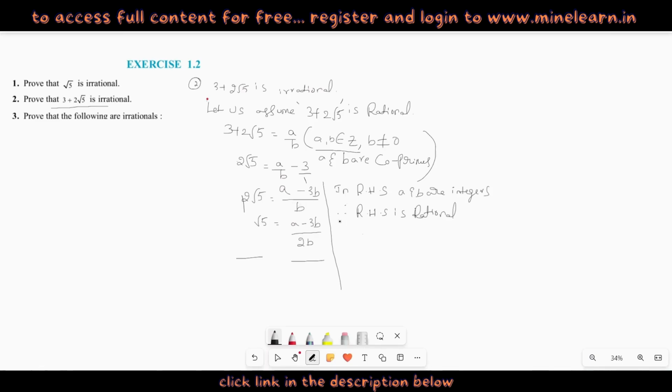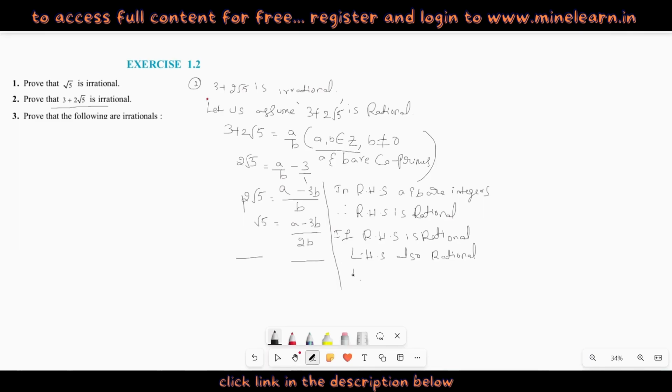Here RHS is equal to LHS. So if RHS is rational, that means the left hand side is also rational. But in LHS, root 5 is irrational, we all know.